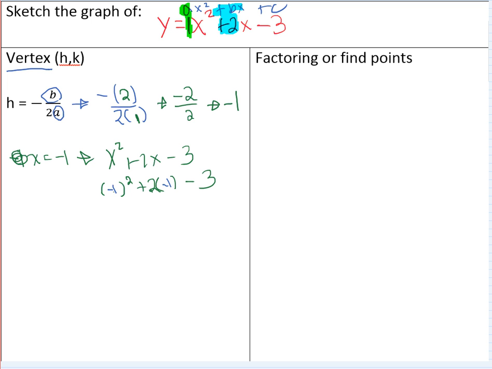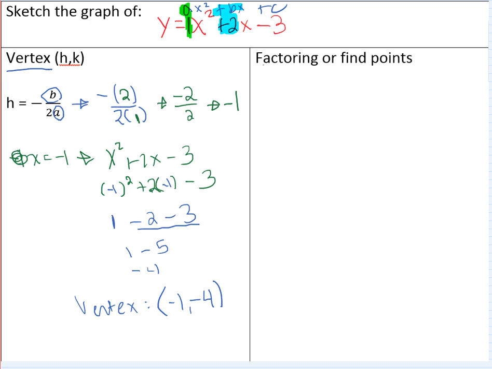Alright, so negative 1 squared is 1. 2 times negative 1 is negative 2 minus 3. Negative 2 minus 3 is negative 5. 1 minus 5 is negative 4. So that means our vertex is the point negative 1, negative 4.